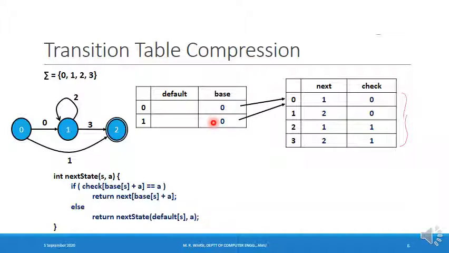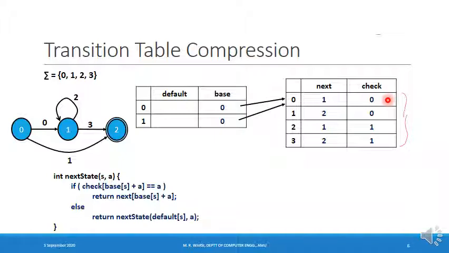Now if I use a two-dimensional table for storing the transitions, and if I just consider state number 0 and 1, what is the size required? 2 multiplied by 4, that is 8. If you look at this, how many entries are there? There are only 4 entries, so a reduction by half.